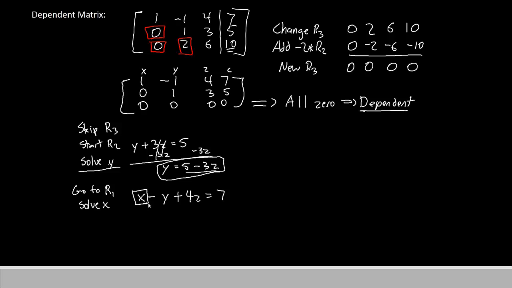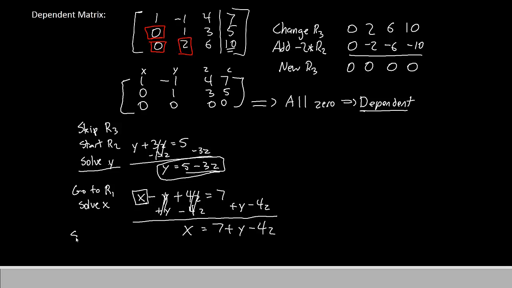Let's box it in, and we'll just move everything else over. So we'll add y to both sides and subtract 4z from both sides. The y's cancel out, and the 4z's cancel out, leaving us with x equals 7 plus y minus 4z.